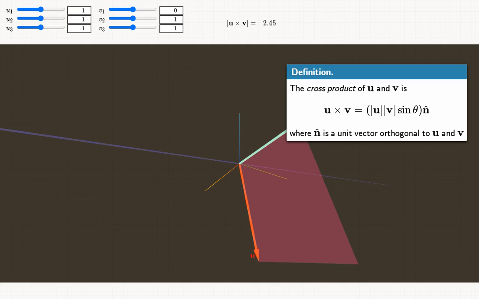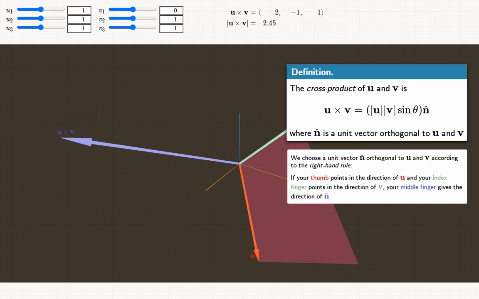Okay, so once we've specified the length, that doesn't completely pin down what the cross product should be. There's still two options for a vector of that length which is orthogonal to both u and v. So to choose between them, we use the right-hand rule. If your thumb is u and your index finger is v, then your middle finger will give the direction of u cross v.